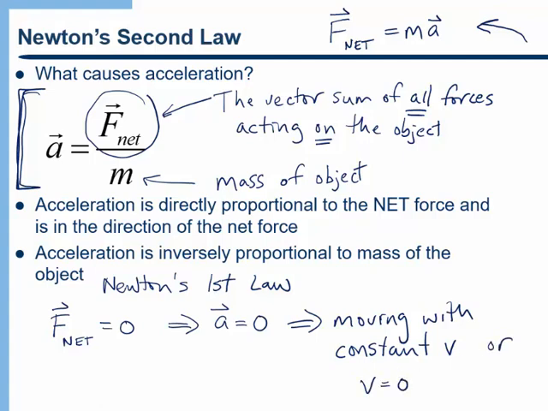Okay, so Newton's first law, it's just a special case of Newton's second law. An object will stay at rest or stay moving with constant velocity unless there's a net force present. So no net force, no acceleration, constant velocity, or no velocity.